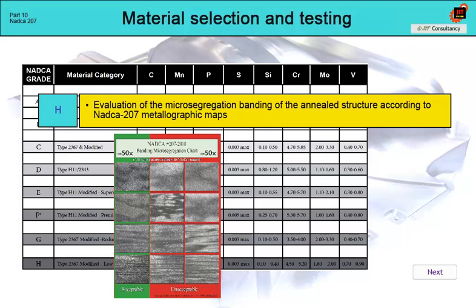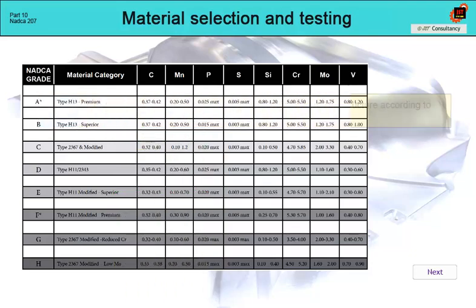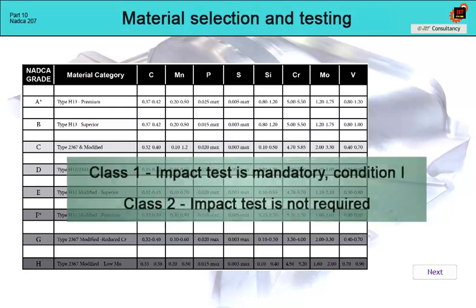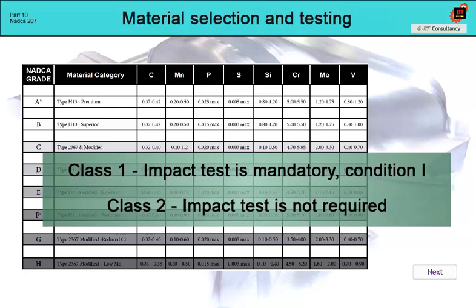Linearity is evaluated on the annealed structure at 50 magnification, and the result is compared to NADCA 207 maps with acceptable and unacceptable structures. NADCA 207 differentiates materials into two basic groups, Class 1 and Class 2.